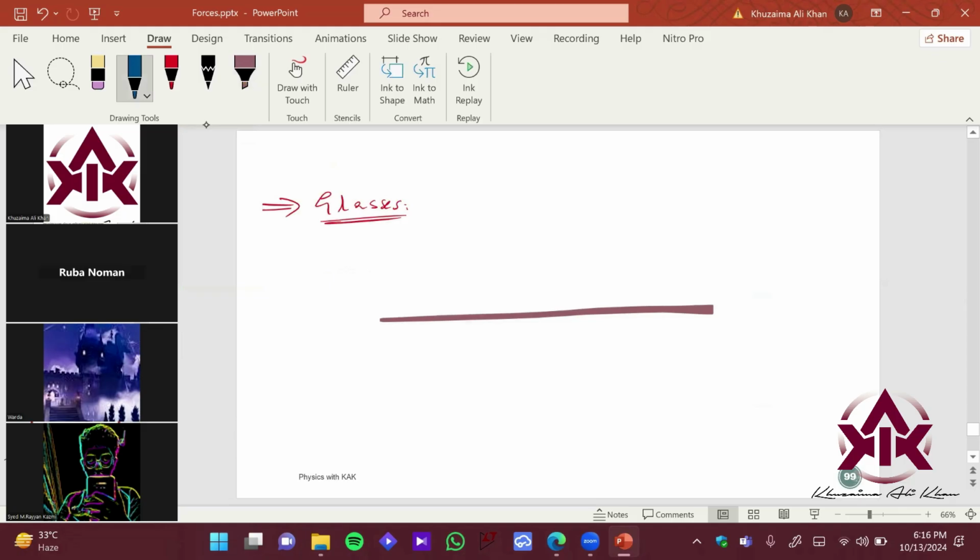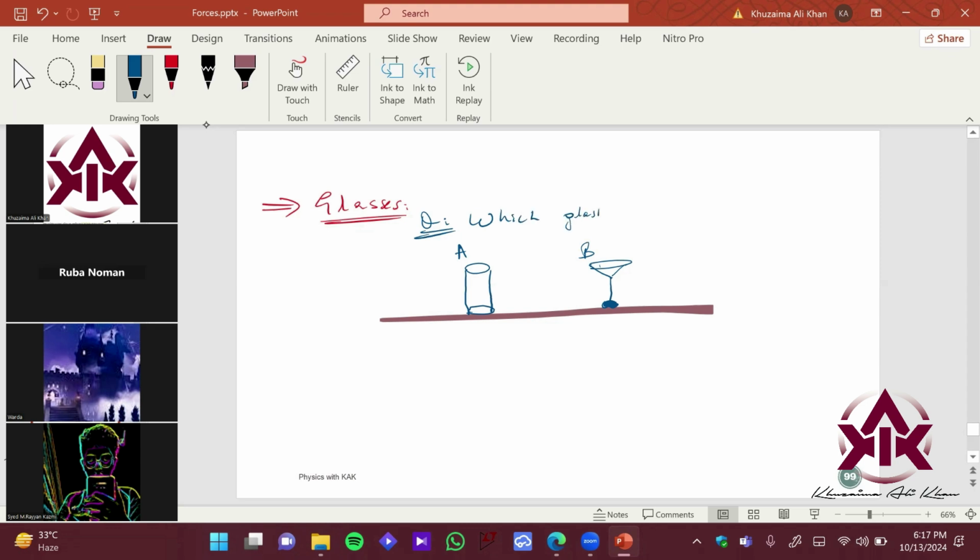You have glass A and you have glass B. So if I ask a question from you guys, this is glass A, this is glass B. Question is, which glass is more stable?